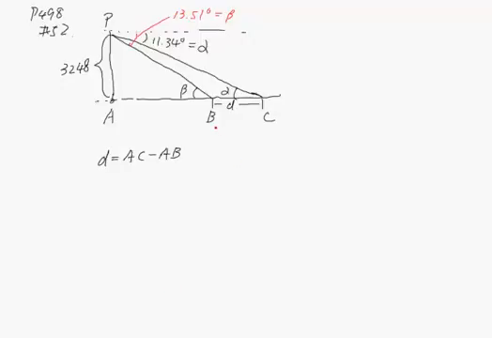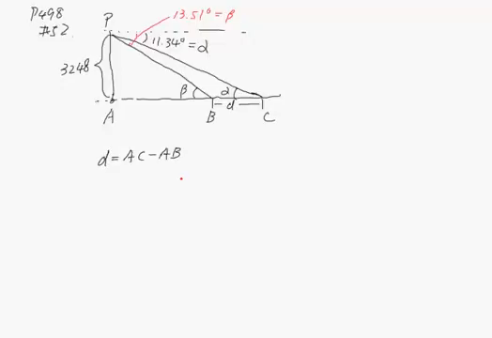And then we just need to find AC and AB in terms of this AP. AP is equal to 3248 feet, right? And then we get the D. Then we divide this D by the 5 minutes, then we get the speed.